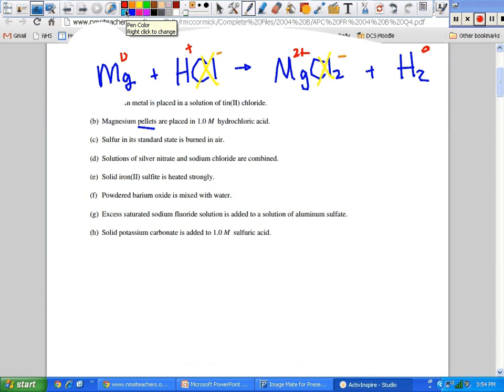So there's several ways to look at it. The chloride ion was also soluble. So Mg plus H plus yields Mg2 plus plus H2. Last question, is it balanced?